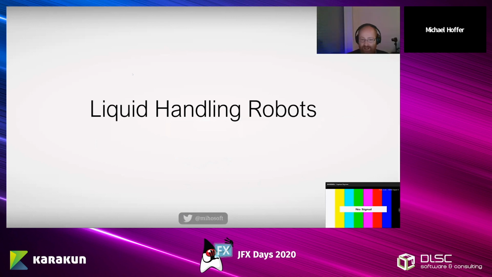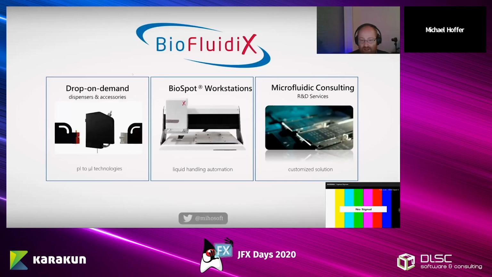The liquid handling robots the company creates and customizes are like a workstation that is a mix between a CNC machine and a 3D printer. And we have so-called pipe jets, and we dispense very small volumes. So basically just small drops of some fluid.